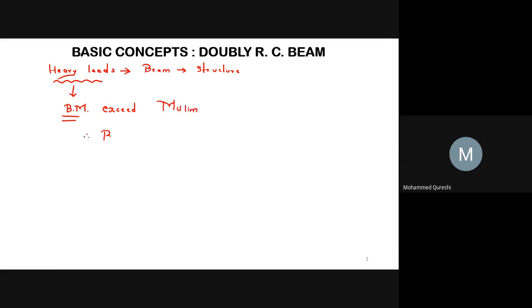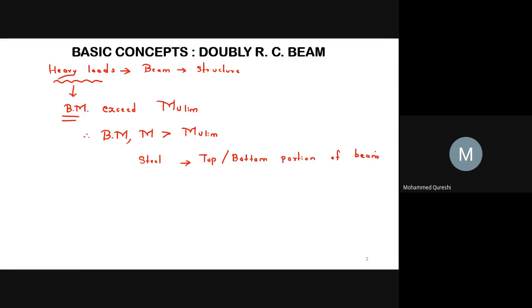That is, we can say that bending moment M will be greater than Mu limit. So, due to this, we have to apply steel in the top portion as well as in the bottom portion of the beam.